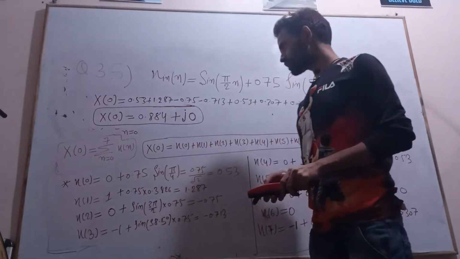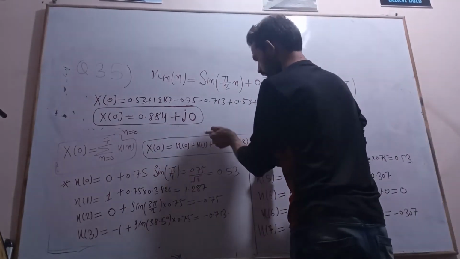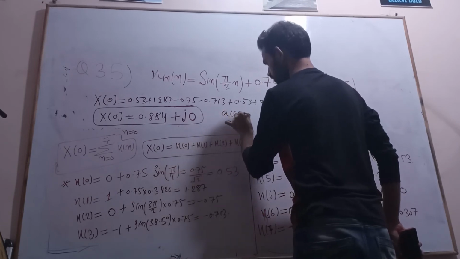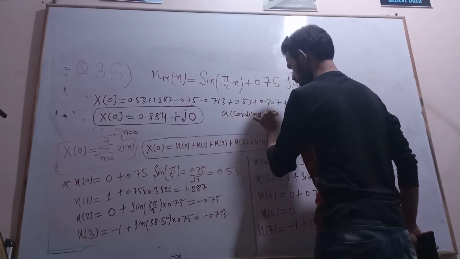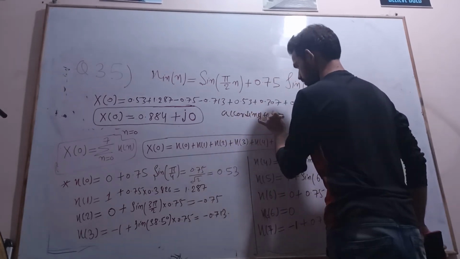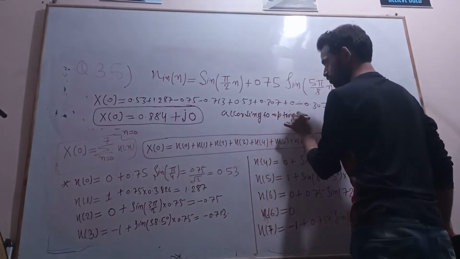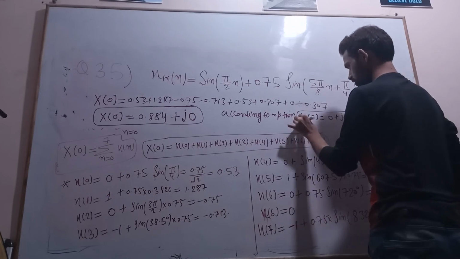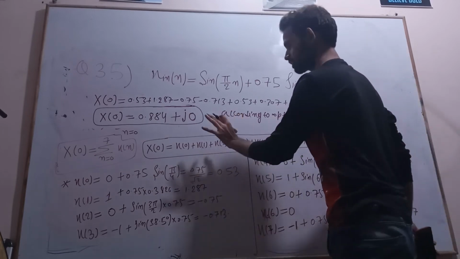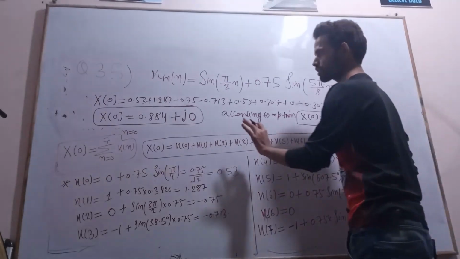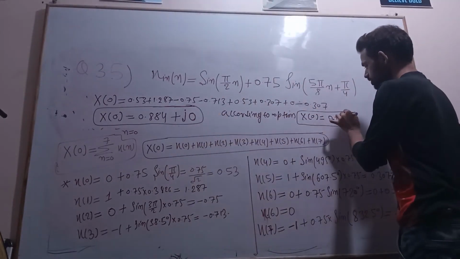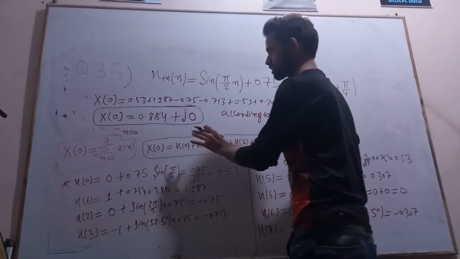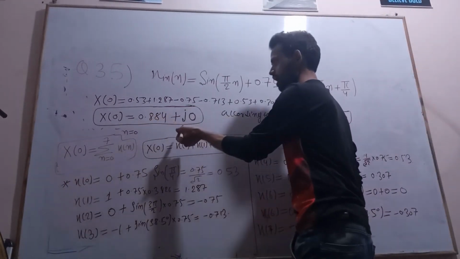But according to the options, you can say x of 0 is given as j0, because the imaginary part is 0. The option closest to this answer is the one with imaginary part 0. So we can say the answer is this, though the options are not exactly correct.